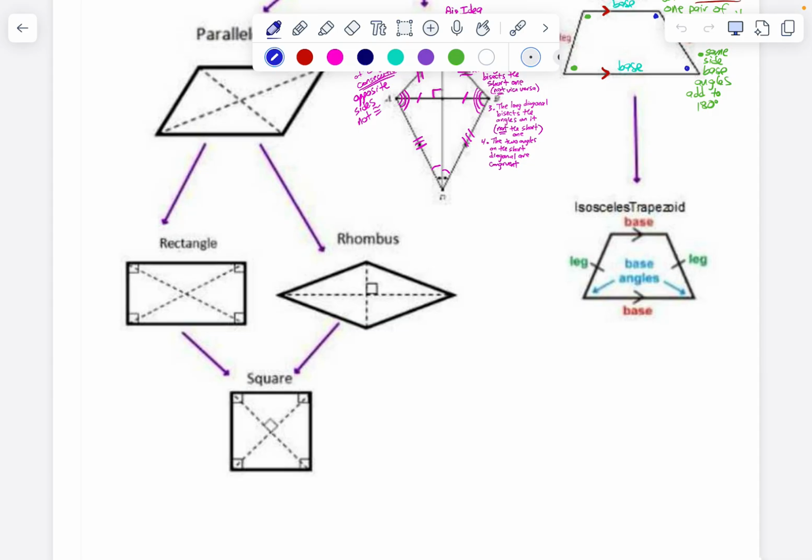So when it has the arrow down below for all of these on this paper, that means it has all the properties of a trapezoid, plus we have some more. Okay? And here's what those are.